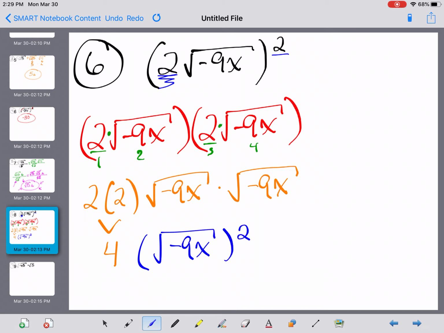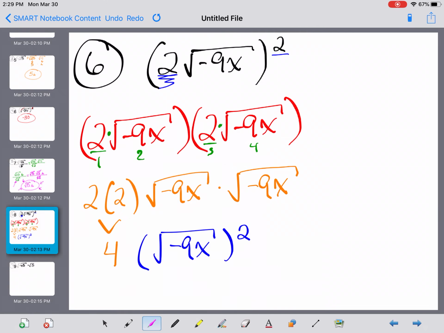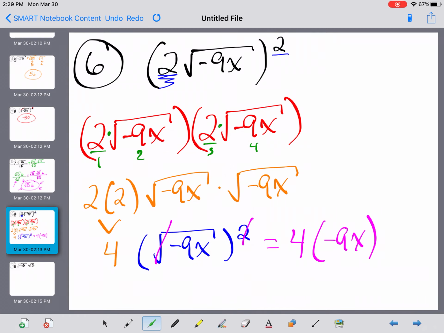Interesting. And we know from previous examples and from our last topic that these two things cancel, leaving us with 4 times negative 9x. But we can multiply those. So let's go ahead and multiply to get negative 36x.